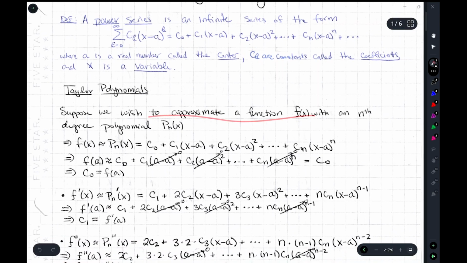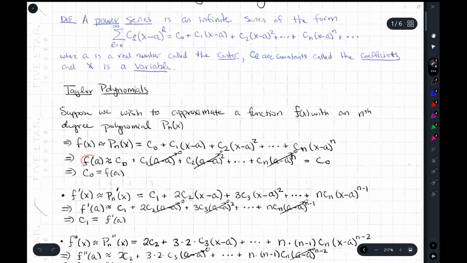Suppose we want to approximate a given function with an nth degree polynomial. We write this function as approximately equal to p sub n, an nth degree polynomial, written out similar to what we have above. We're approximating near this point a, so we have these x minus a terms, and we keep raising the power up till we get to n.